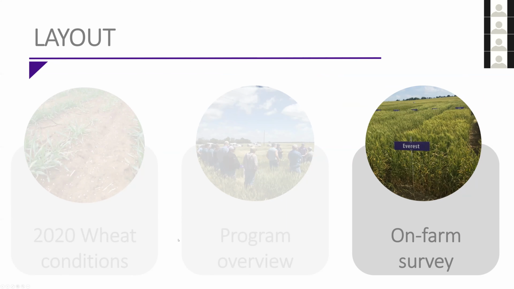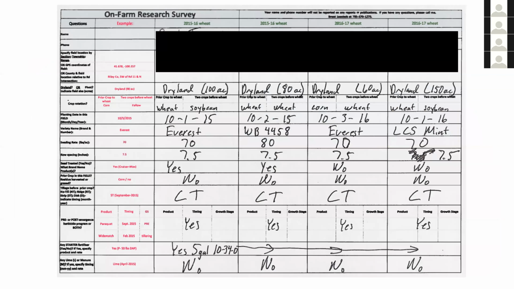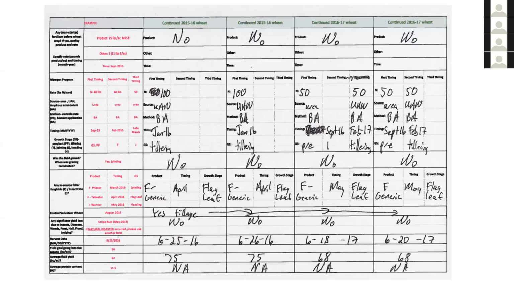So we went out and did a brief survey with them, as you can see here on the screen. In this survey, we were asking what was the previous crop, what was the planting date, what variety they were planting, if they were using seed treatments, what's their tillage practice, all the way until fungicide applications, grain yield, and if they had protein concentration as well.